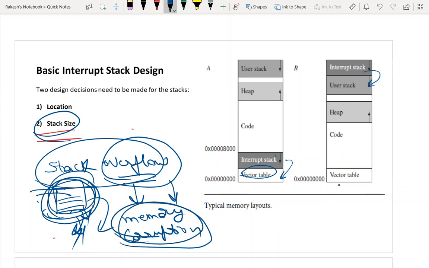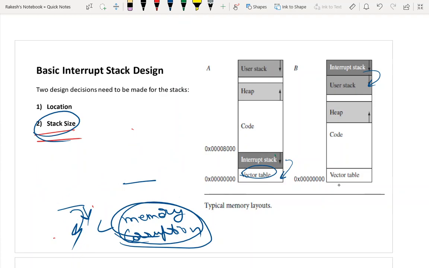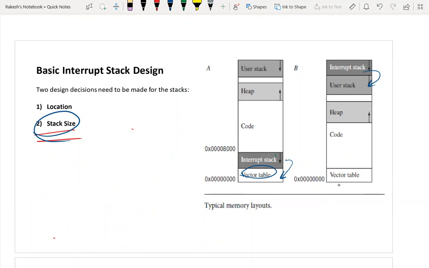Okay, so let us discuss the two memory layouts that you have here. What are the two? These are the two typical memory layouts.